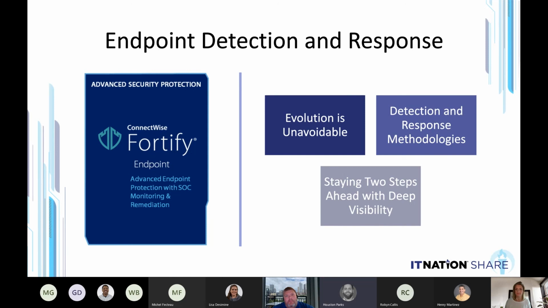Now that can be built into the actual policy to auto disconnect, and you may have a choice to do that. And so Michael did chime in with that question. We use ConnectWise Control. So when an endpoint is in network quarantine, how do we get remote access to the machine?